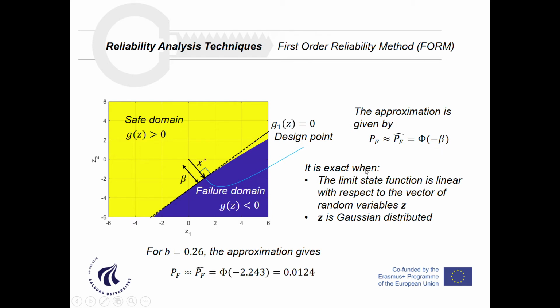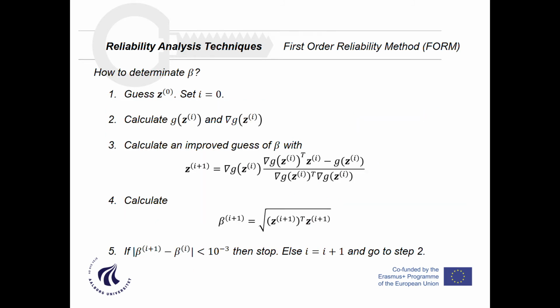And this approximation is exact when the limit state function is linear with respect to the vector of random variables Z, and when Z is Gaussian distributed. So for the case of P equal to 0.26, the approximation gives a failure probability of 1.22%. So the whole problem of FORM is reduced to determining beta.